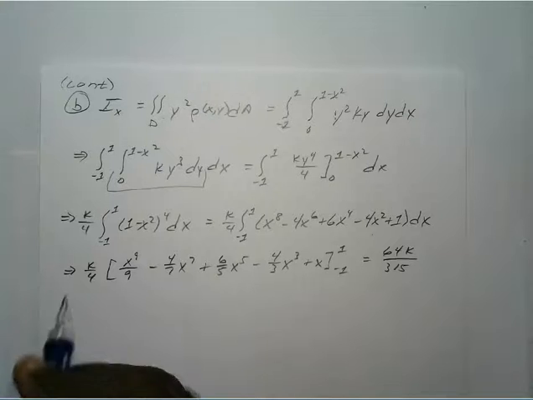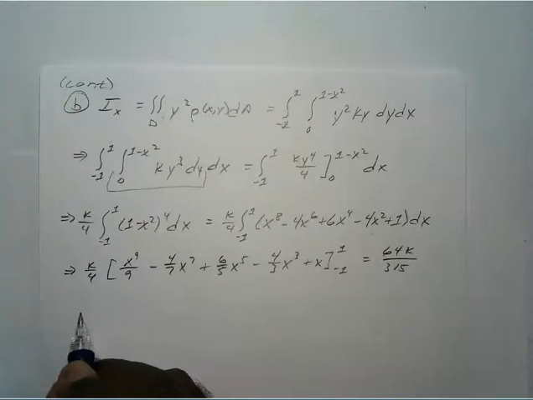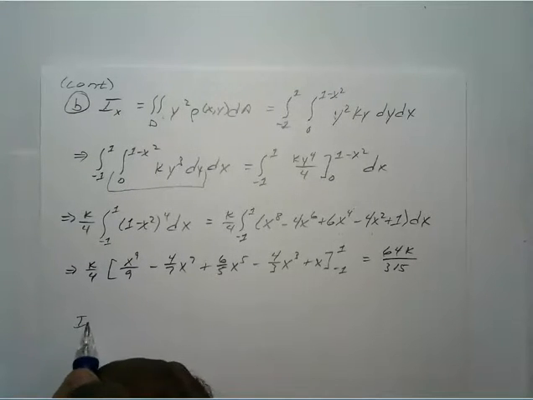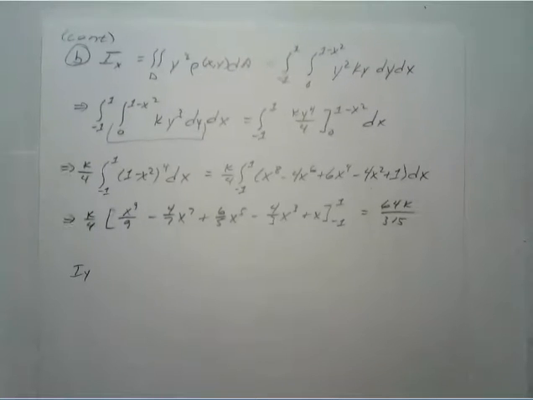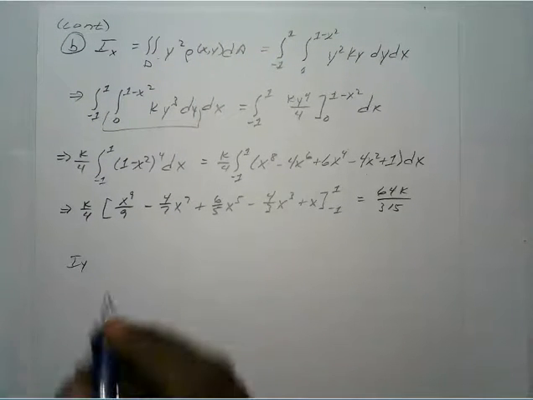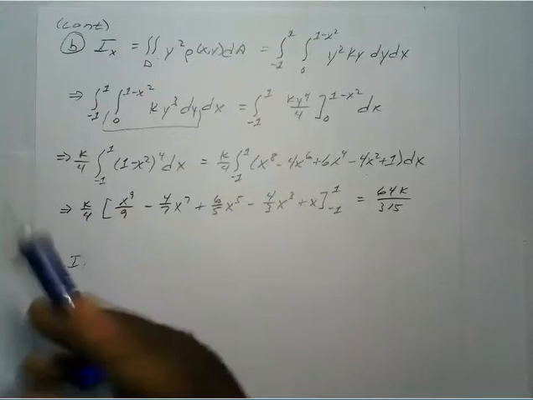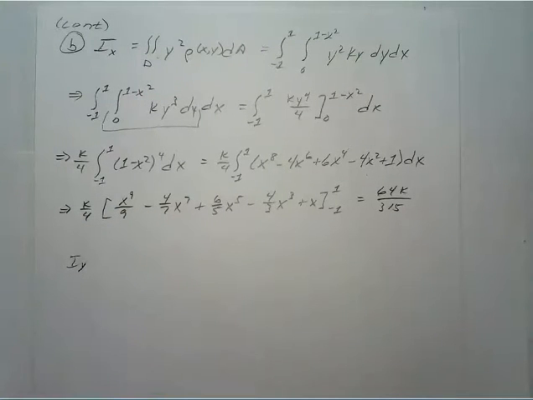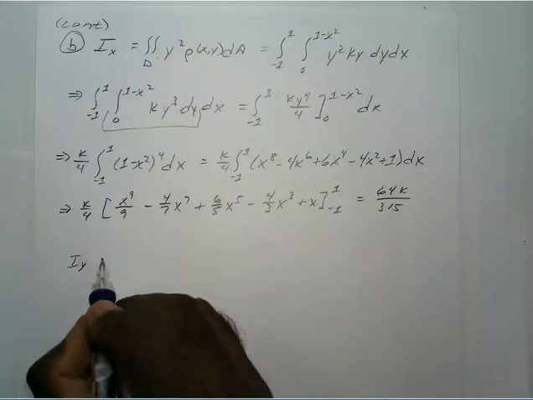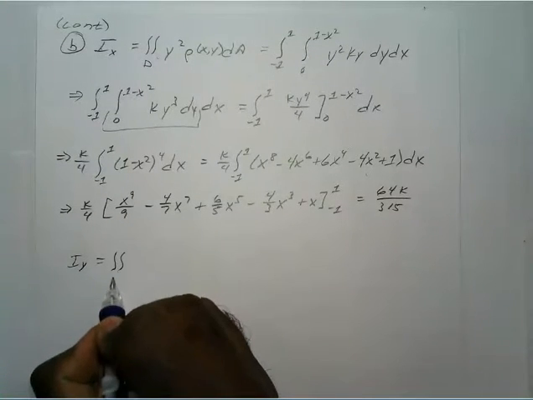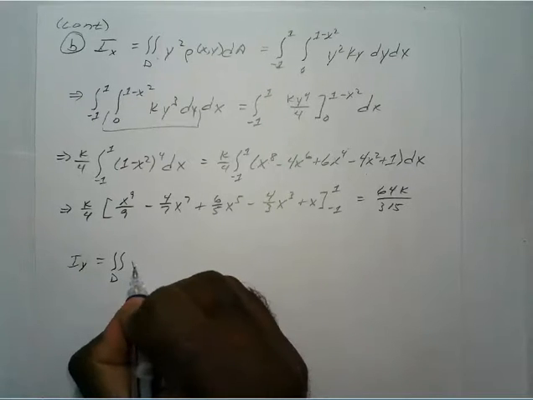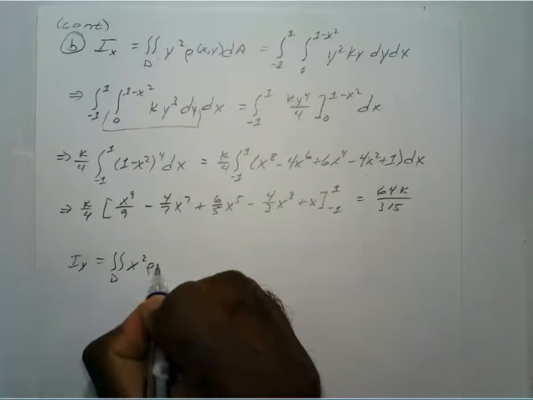All right, so now we go ahead and find our moment of inertia in the direction of the y-axis, or with respect to y. Okay, so we can see there that that's going to equal the double integral of x squared times our rho of xy.